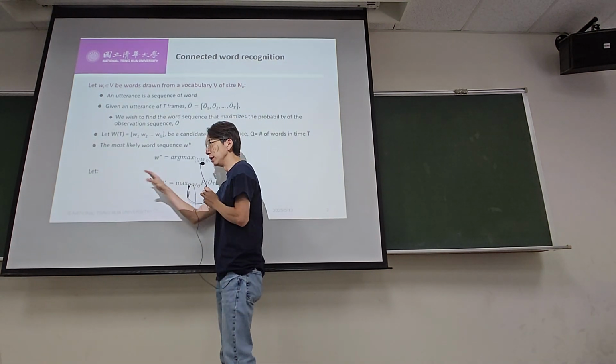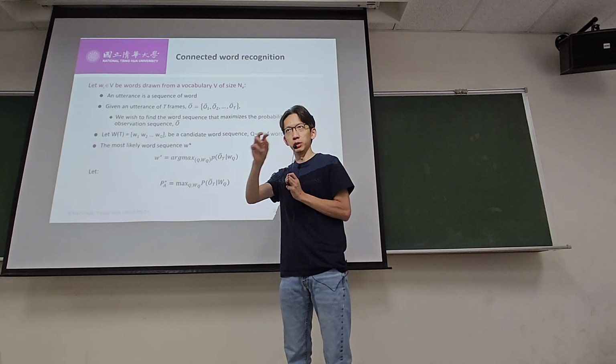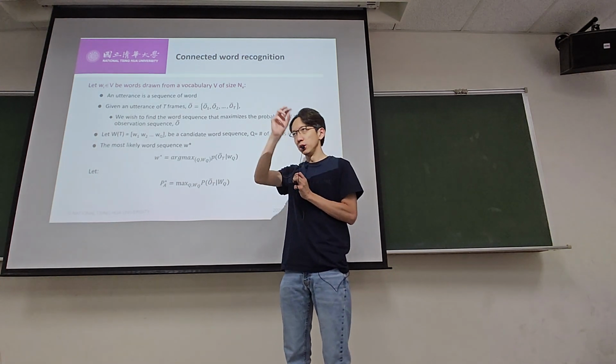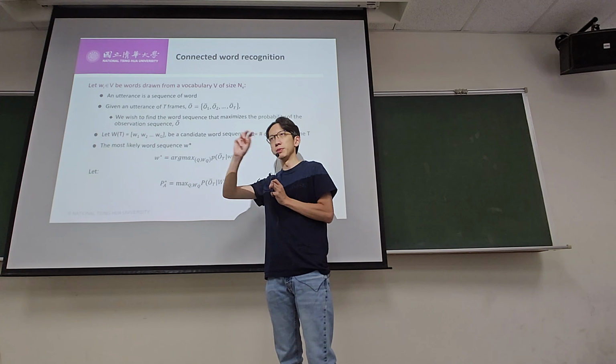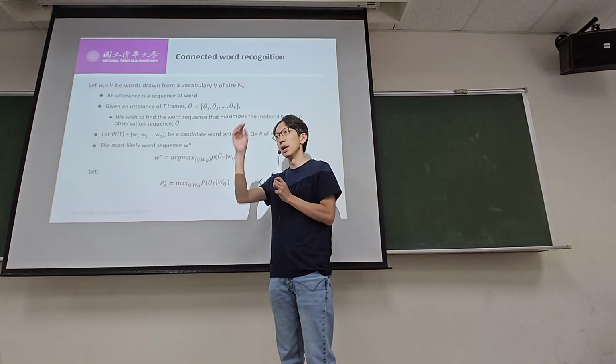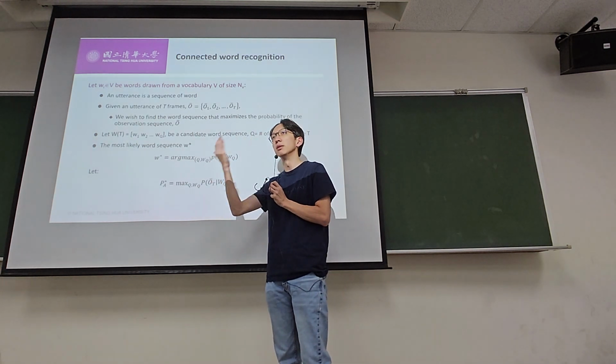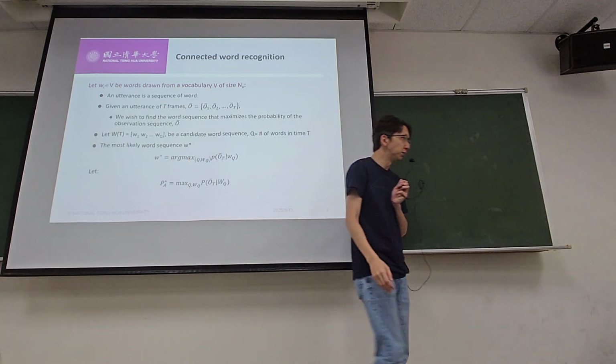So essentially, you have HMMs, they're connected. You can find the best sequence. You have each of the words being connected, and you are also trying to find the most probable word sequence given the same observation. That's basically a Viterbi decoding problem.